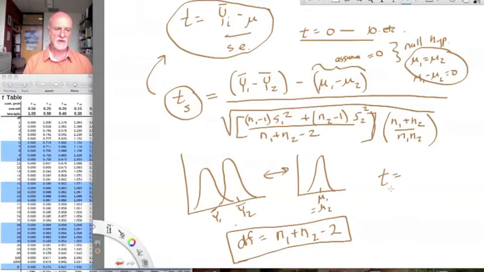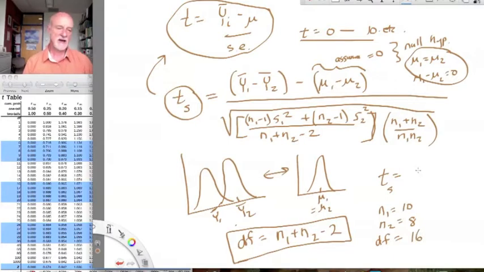Let's say I have an n1 of 10, an n2 of 8, and therefore my degrees of freedom is 10 plus 8 minus 2, so 18 minus 2, or 16 degrees of freedom.